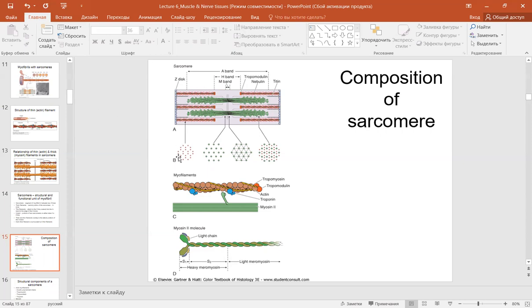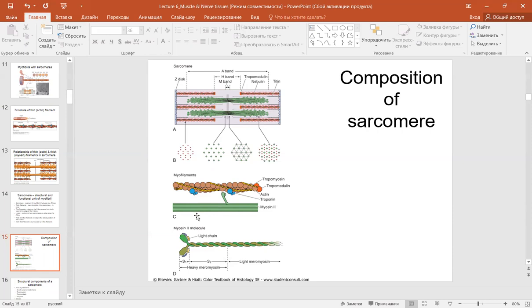Here you have the different planes of cross sectioning of the sarcomere. Here you have the actin thin filament.